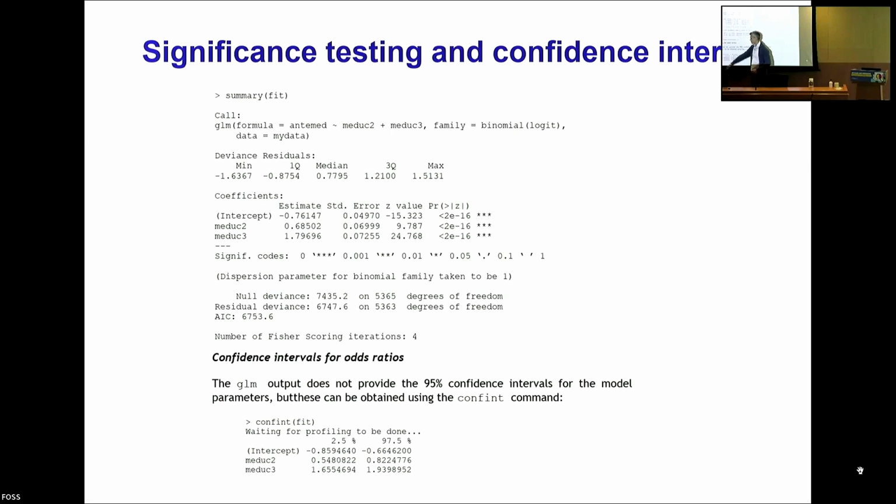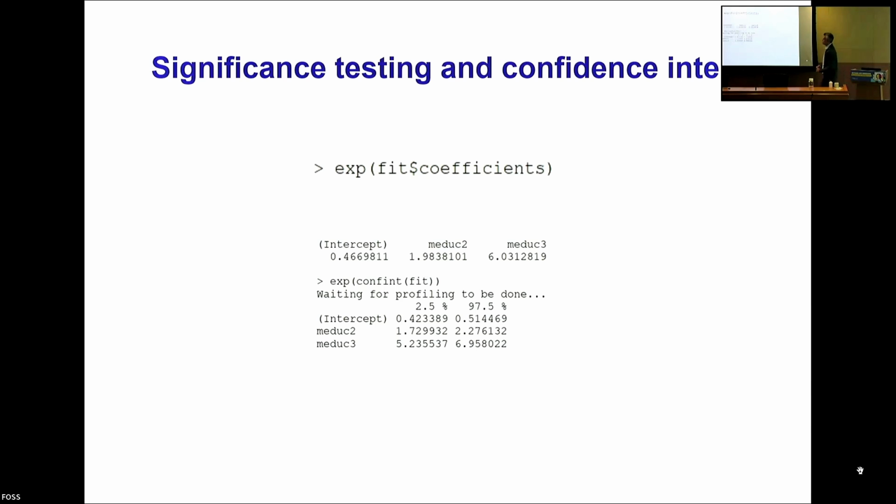That gives you the 95% confidence intervals between 2.5% and 97.5%. But remember, these are confidence intervals around the logits, not around the odds ratios. To get the confidence intervals around the odds ratios, you need to take the exponent of those fitted coefficients.